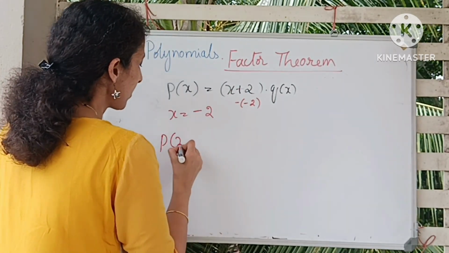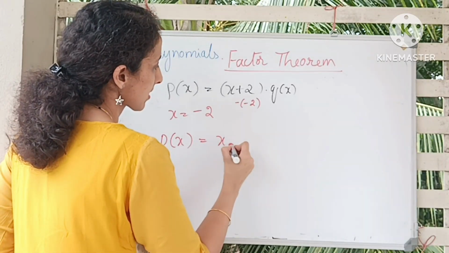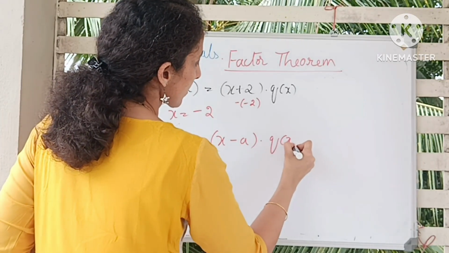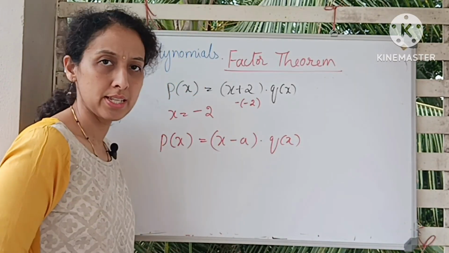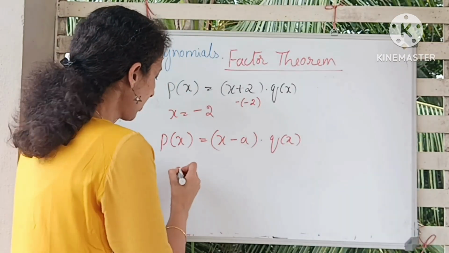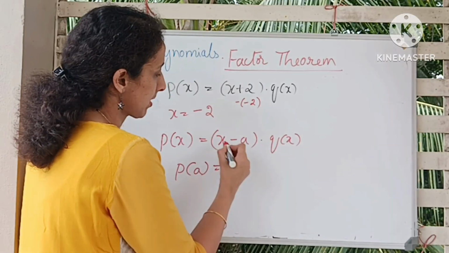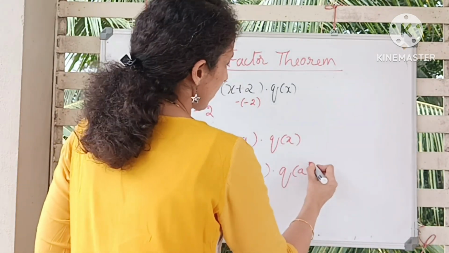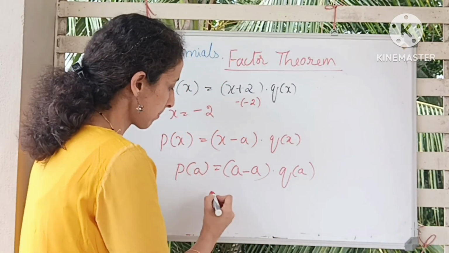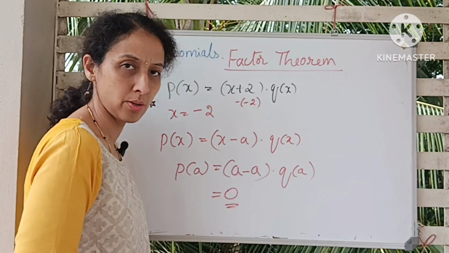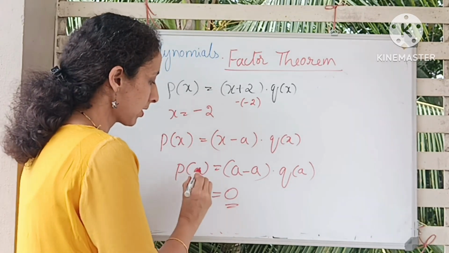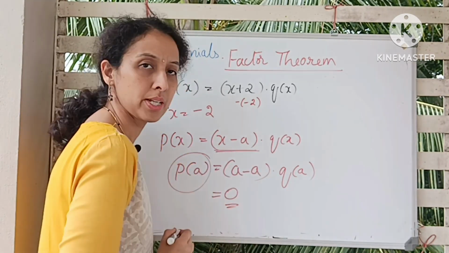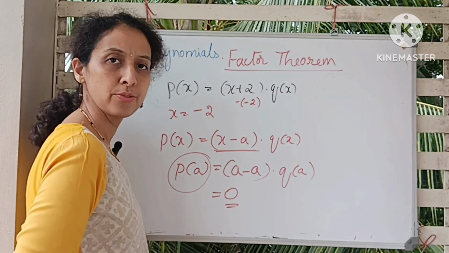So we have p of x is equal to x minus a into q of x is the generalization for this. Now p of a becomes a minus a into q of a, minus a becoming 0, this whole thing becomes 0. This means for p of a, x minus a becomes a factor.